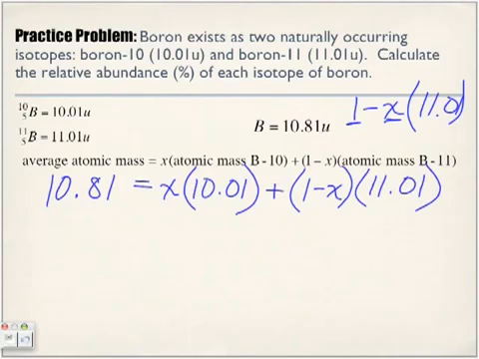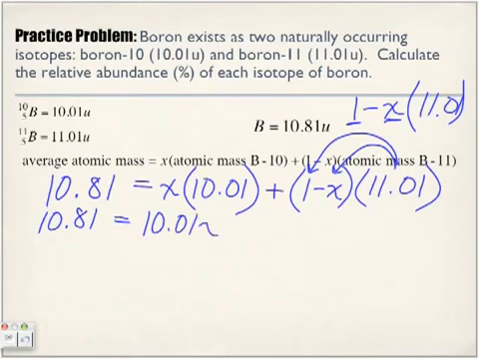But in fact, I want kind of a reverse distributive law, where I want this number multiplied within. So what I have here is 10.81 equals x times 10.01, 10.01x.